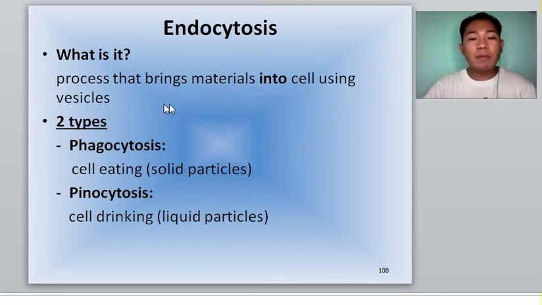We have two types of endocytosis: phagocytosis and pinocytosis. Phagocytosis is said to be cell eating, or with solid particles, while pinocytosis is said to be cell drinking, or with liquid particles.